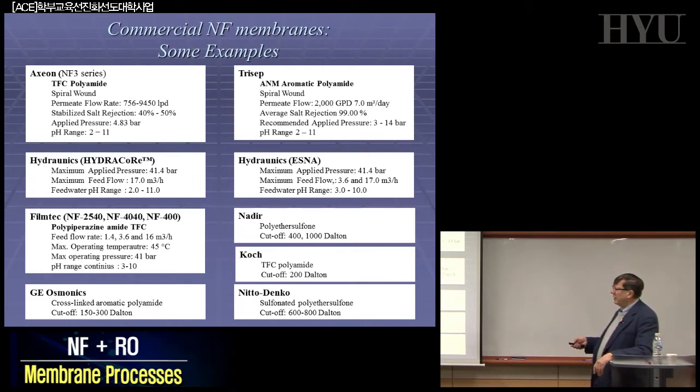You can see in some cases that, instead of talking about rejection, they talk about the cutoff I was mentioning in ultrafiltration. This is not a very scientific definition, but remember, cutoff means that 90% of the components having a molecular weight higher than this 400 in this case don't go across the membrane. That's the definition. 90% does not go across.